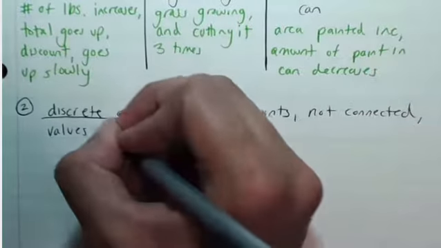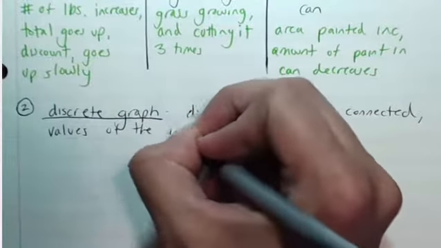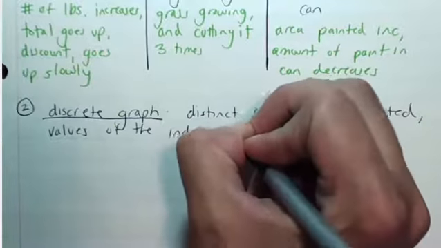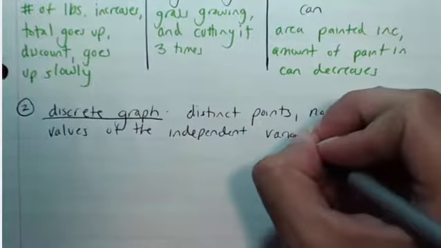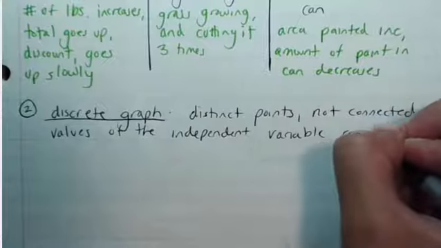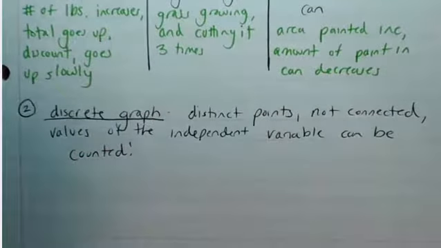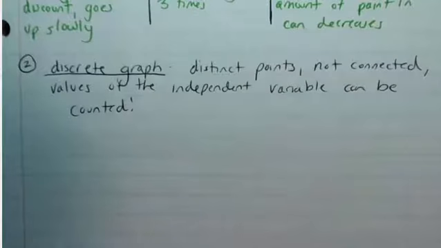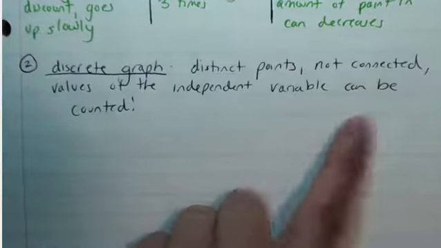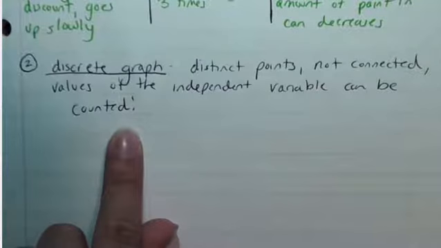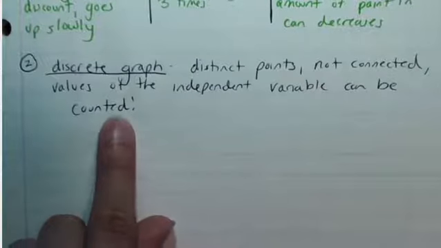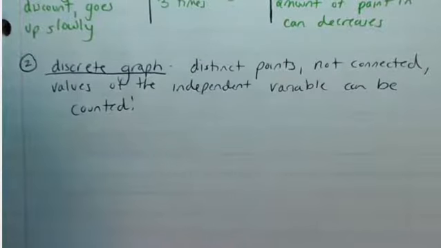And the values of the independent variable can be counted. So again, for continuous, the independent variable, we could measure or estimate. For discrete, they are counted.